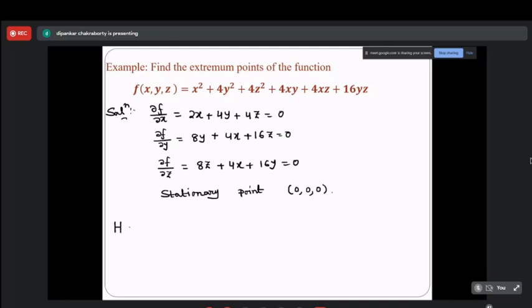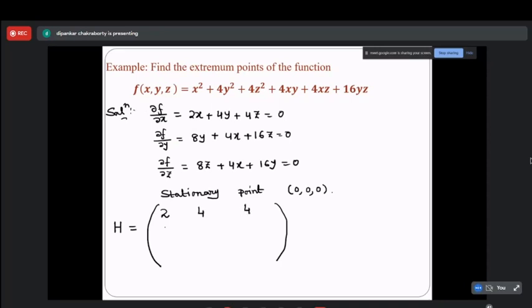Now you have to find the Hessian matrix. Again, I'm not going to write down the general term, I'm going to directly write it down. First one is what? Del 2f del x2 is 2. Next is del 2f del x del y, that is 4. Good. Next, again 4.